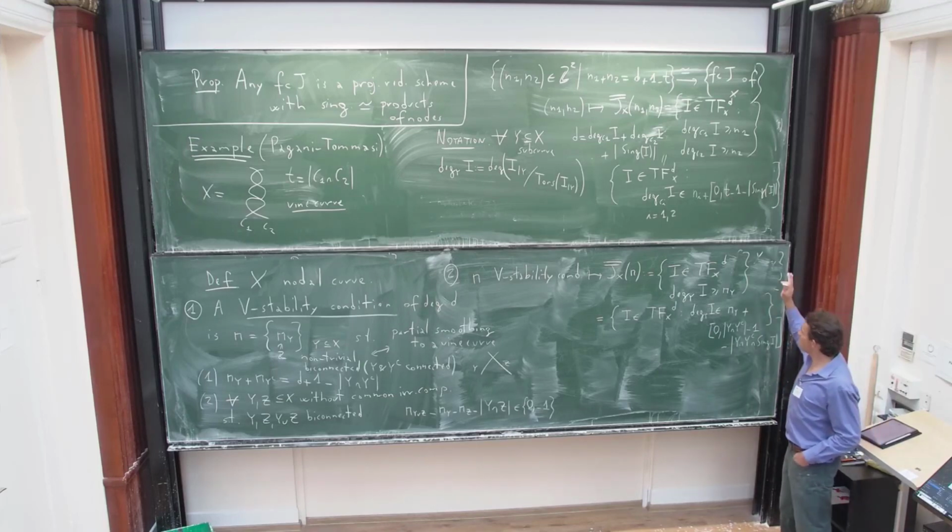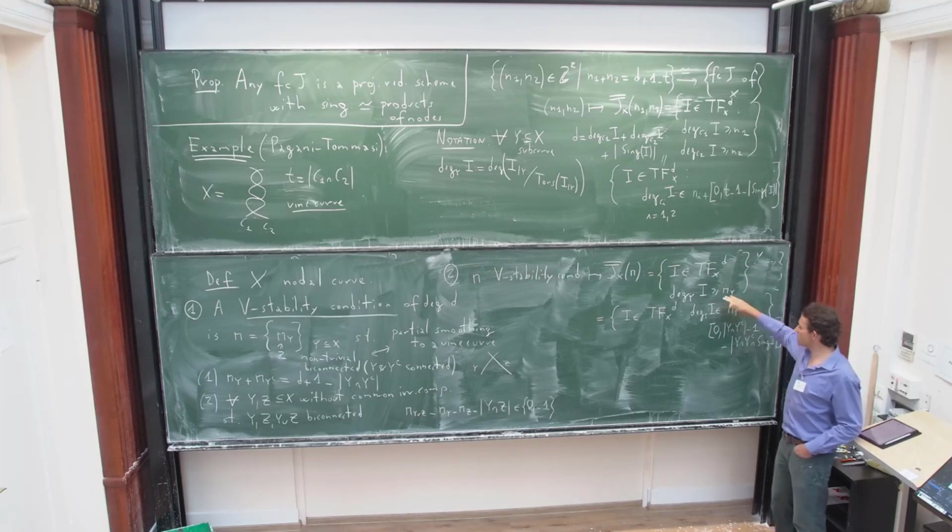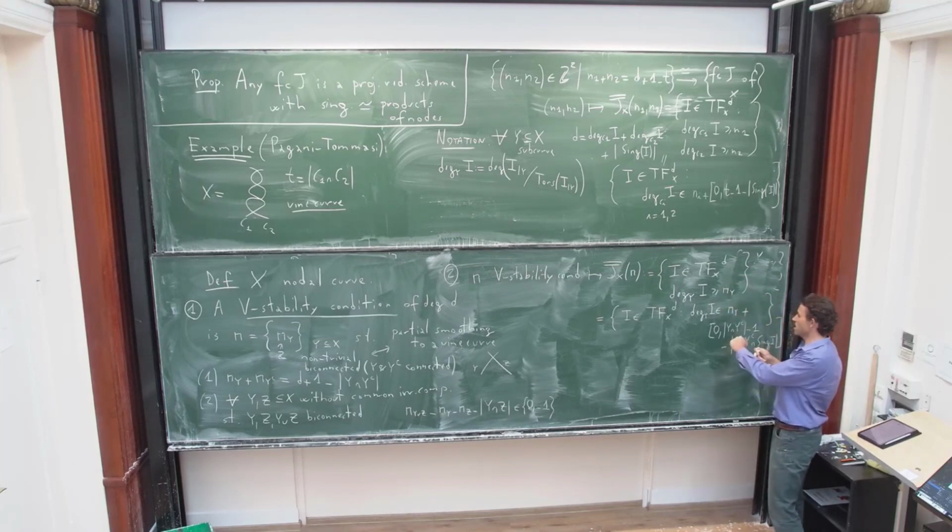So we are parameterizing sheaves such that the degree of this sheaf on every biconnected subcurve lies in this interval. The amplitude of the interval is always the same, and we are only choosing the starting point of this interval.